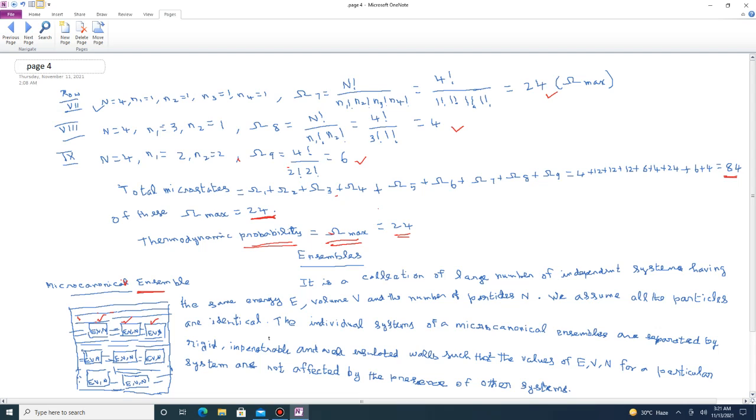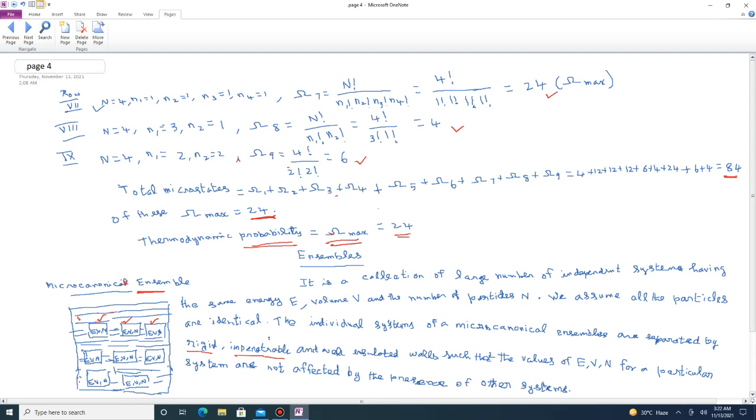Now these systems are separated by rigid, and that is important, impenetrable walls. Since the walls are impenetrable, the particles cannot go from one system to another system, so the number of particles remains the same.